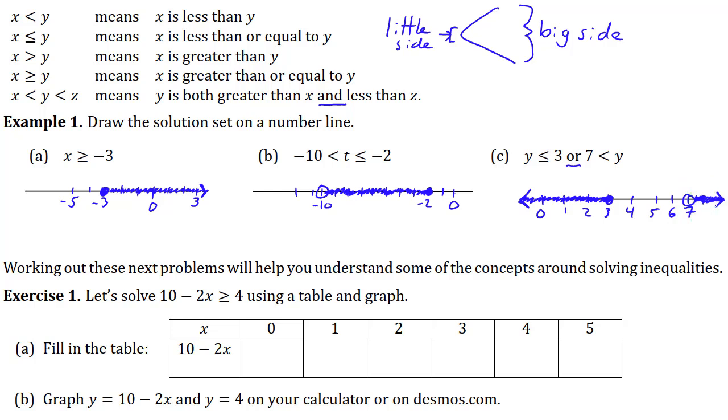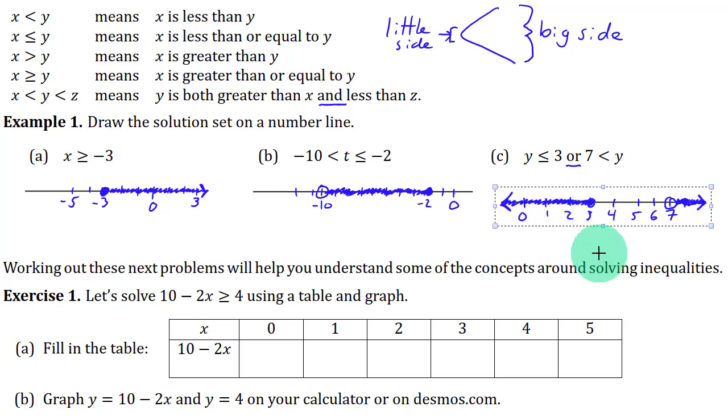Anything greater than 7. And I use, again, an open circle there to show that 7 is not included, but a big solid dot for 3. Okay, so that's what we mean by the solution set. It's all of the values of the variable, either x in this case, or t, or y, that make this true.